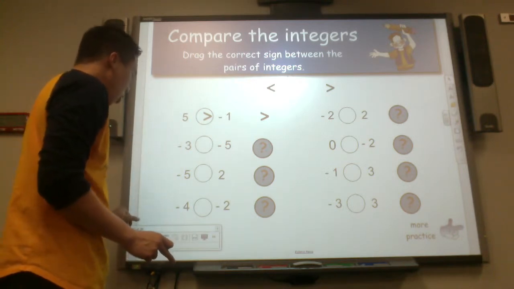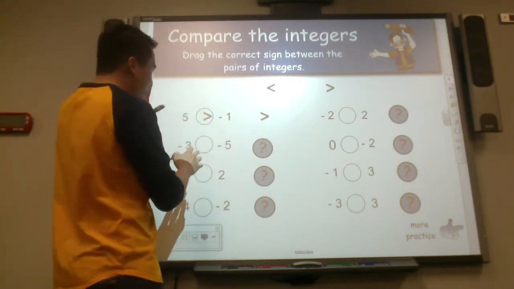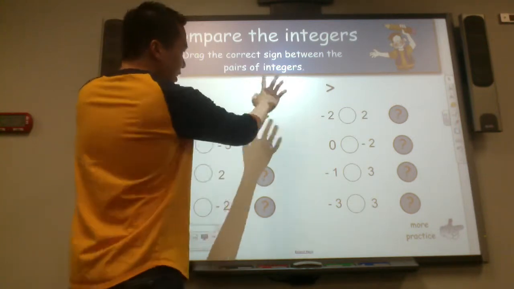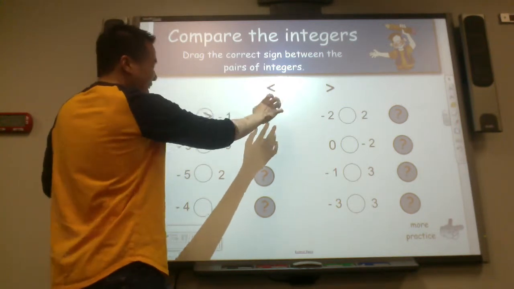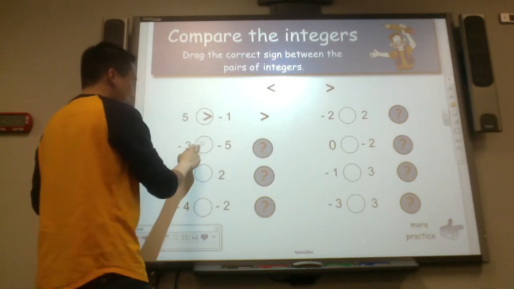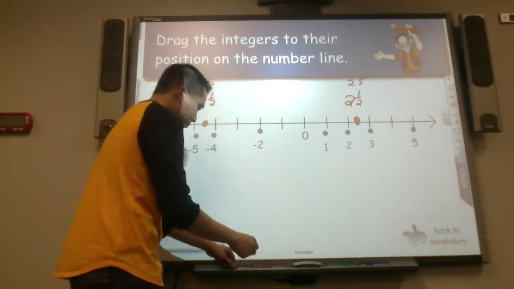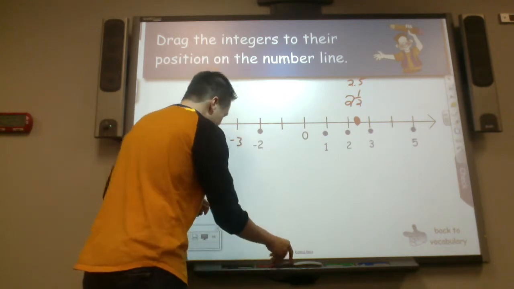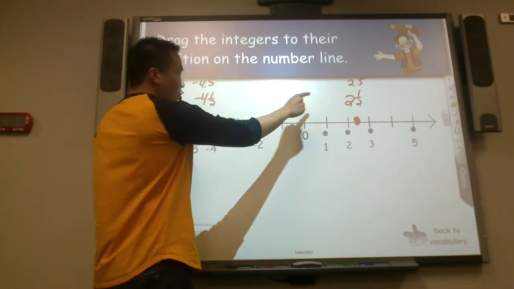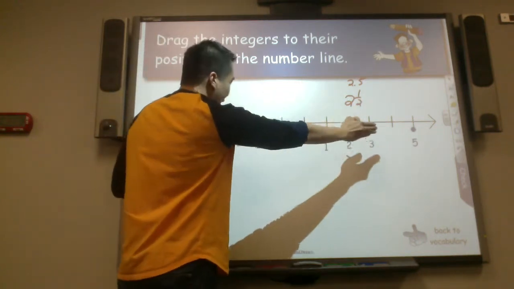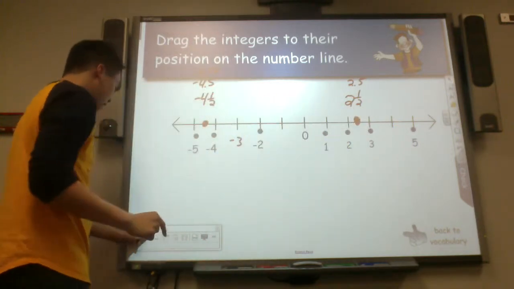On the number line, as I picture it, negative 5 would be more here, negative 3 here. So negative 3 is greater than negative 5. Let's make sure. Here's negative 3. Here is negative 5. Negative 3 is closer to 0, or to the right, so it's greater than negative 5.